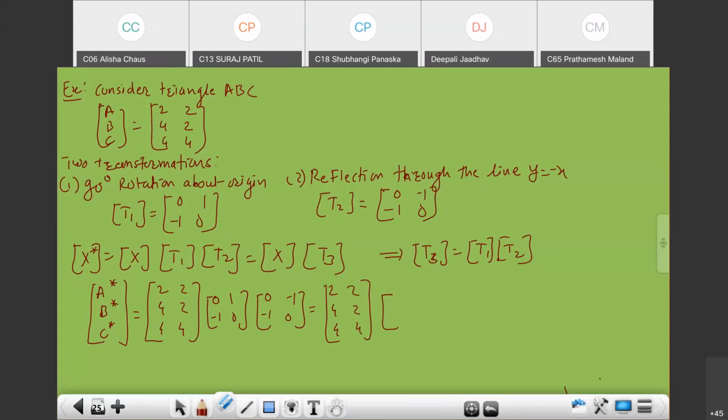Concatenate these two together. The resulting one is minus 1 0 0 1, giving minus 2 2, minus 4 2, minus 4 4.